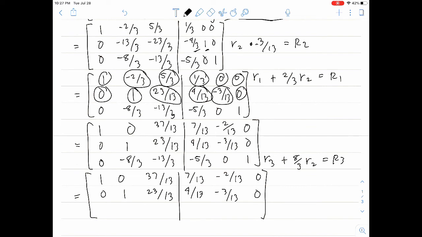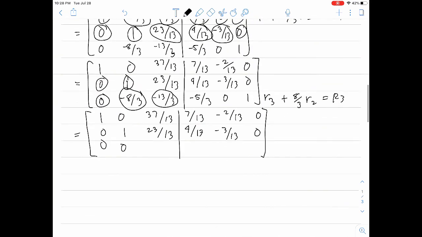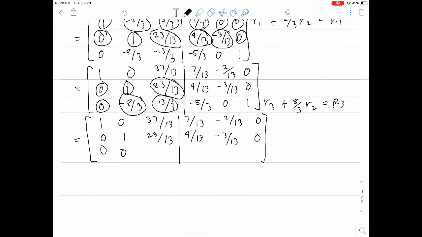Okay, so let's start with this 0 plus 8 over 3 times 0 is 0. Negative 8 over 3 plus 8 over 3 times 1 is 0. Then negative 13 over 3 plus 8 over 3 times 23 over 13 is 5 over 13.